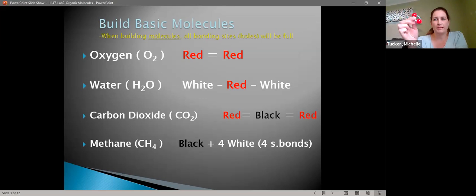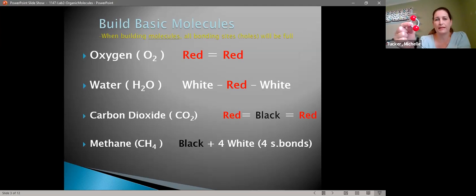For the lab exam and for the quiz, you need to be able to identify something by its name. So this is probably the strangest one, elemental oxygen. Water is more normal. Carbon dioxide, methane. By its formula, you have 2 oxygen atoms.